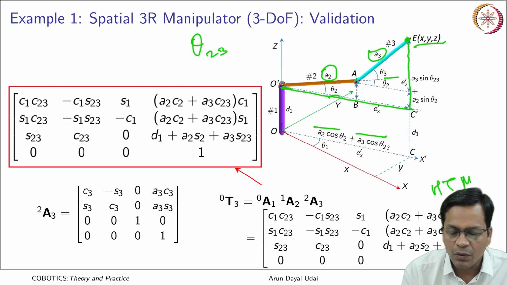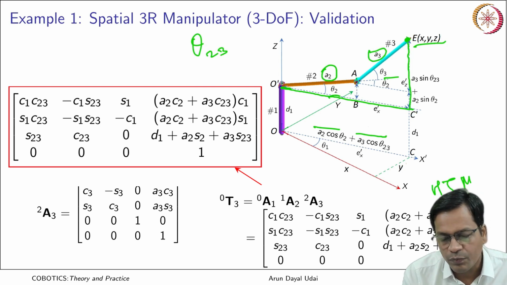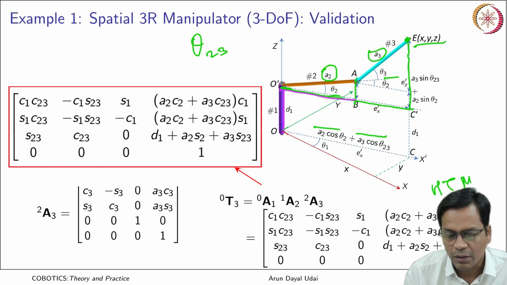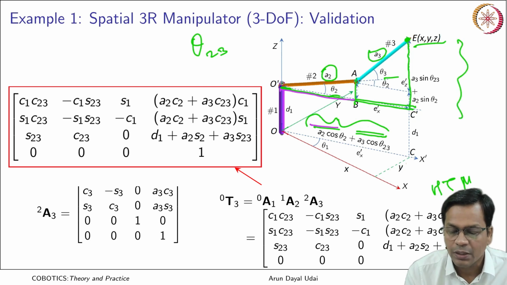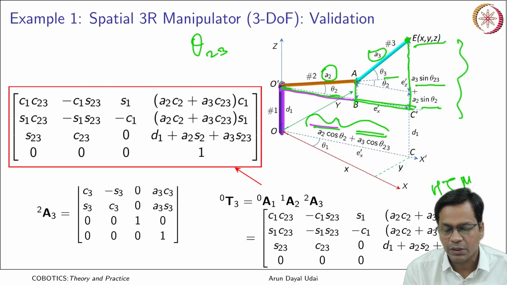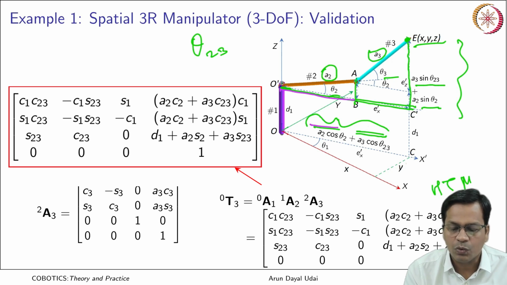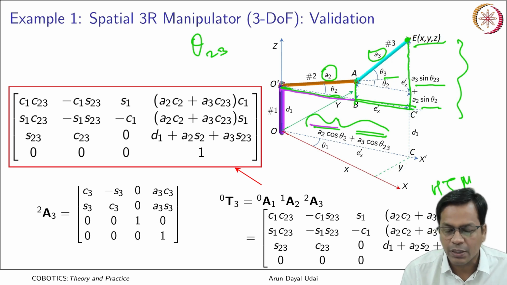Okay. So, if we sum this distance, that is from here to here and from here to here, this becomes my horizontal component. Now, the vertical component is a2 sin theta 2 plus a3 sin theta 2 plus theta 3. So, those two are the horizontal and vertical components.